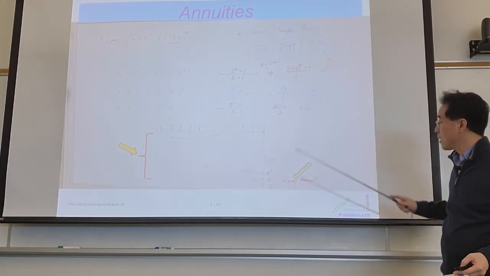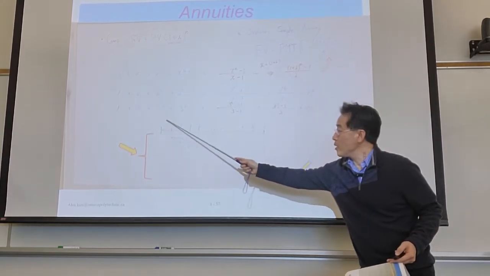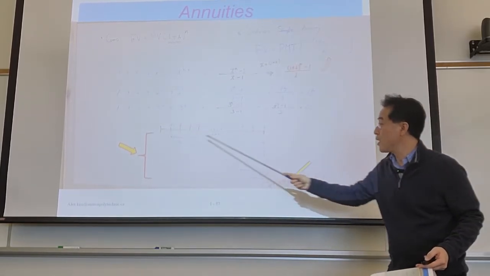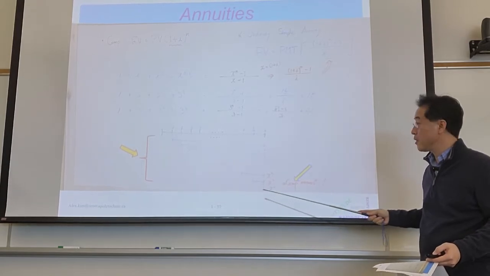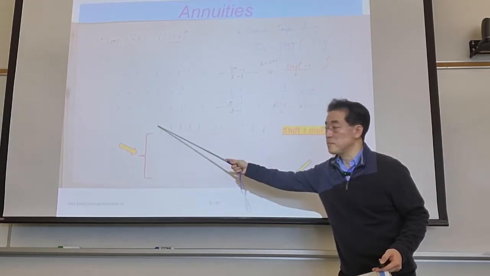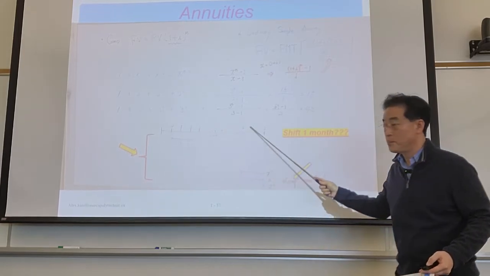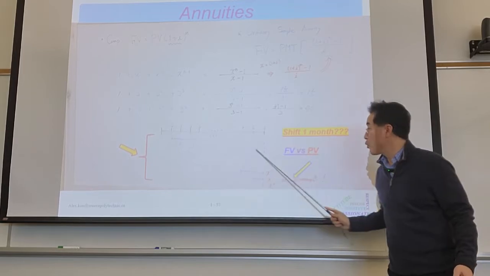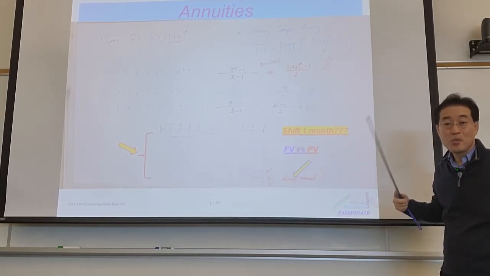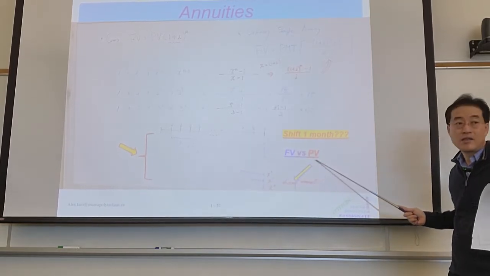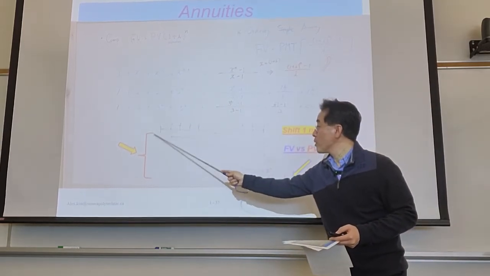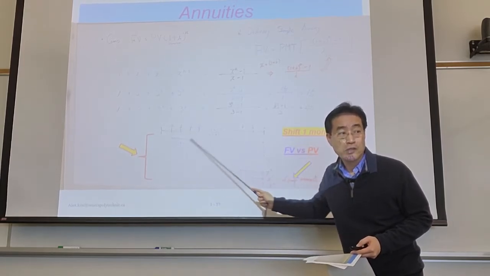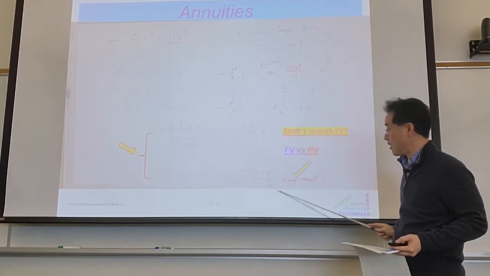So in this case, compound, we make the payment at the end of the period. Then what if we shift to the beginning? Then for future value, because we shifted, we can earn one more period of interest. For present value, because we start from here, there is also one more period of interest for everything.